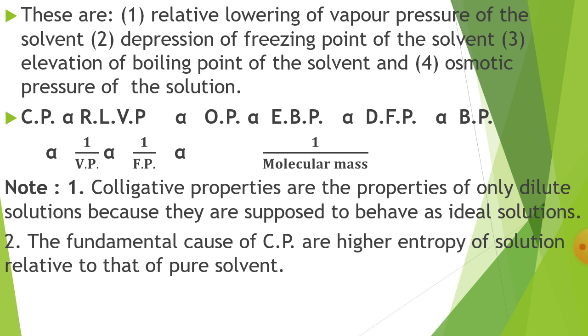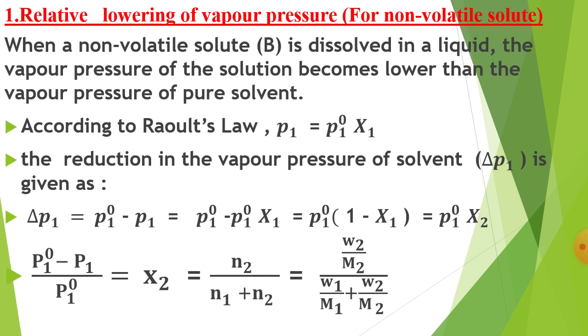Now, first colligative property, relative lowering of vapor pressure for non-volatile solute. Here the solute should be non-volatile, that may be sugar, glucose, urea.